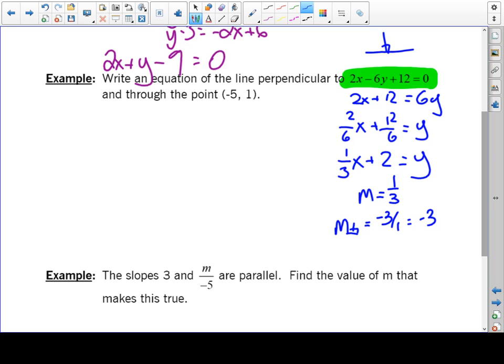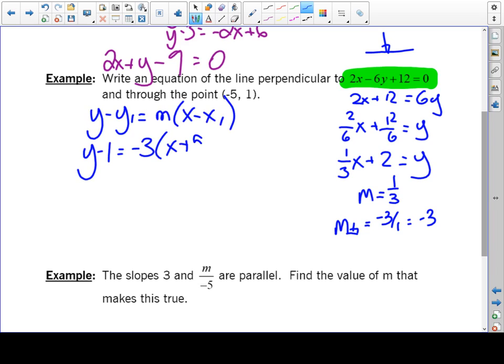Okay? Now, find the equation. So, y minus y1 equals m times x minus x1. So y minus 1 equals negative 3 bracket x plus 5.